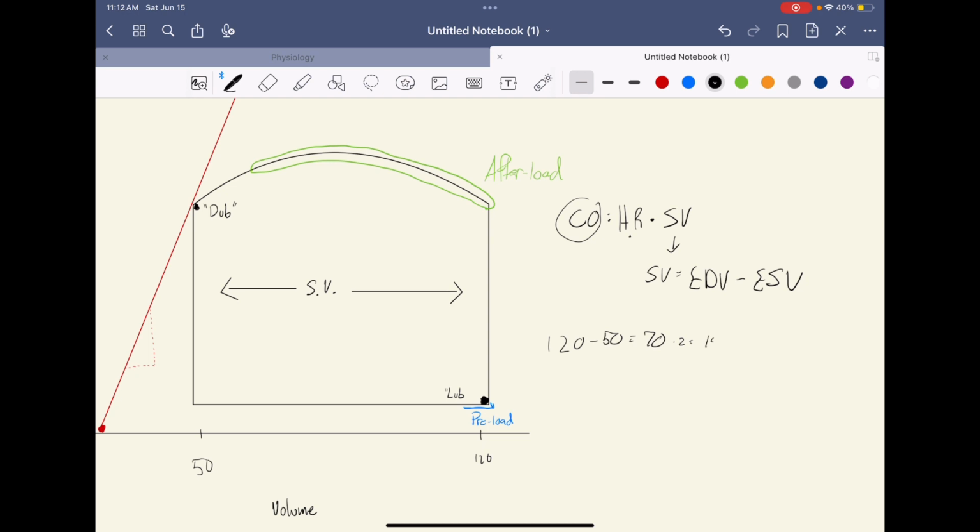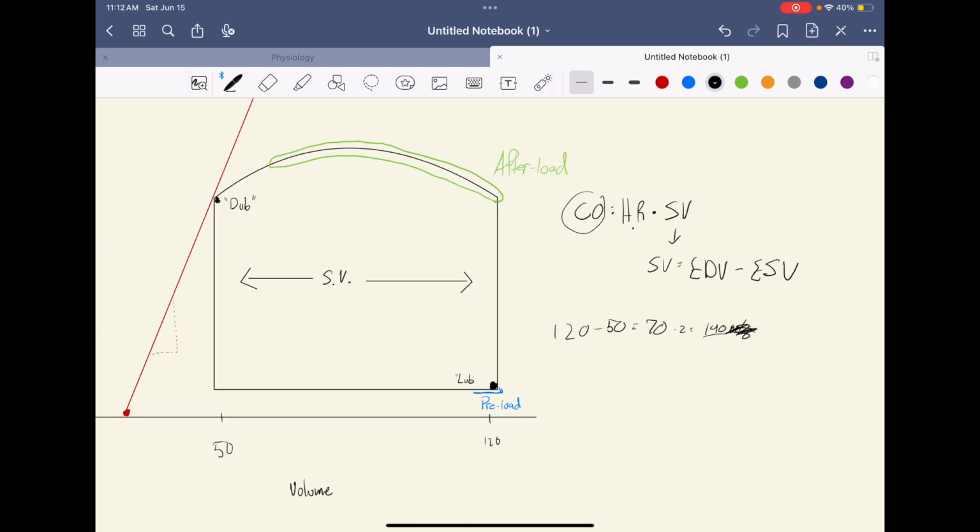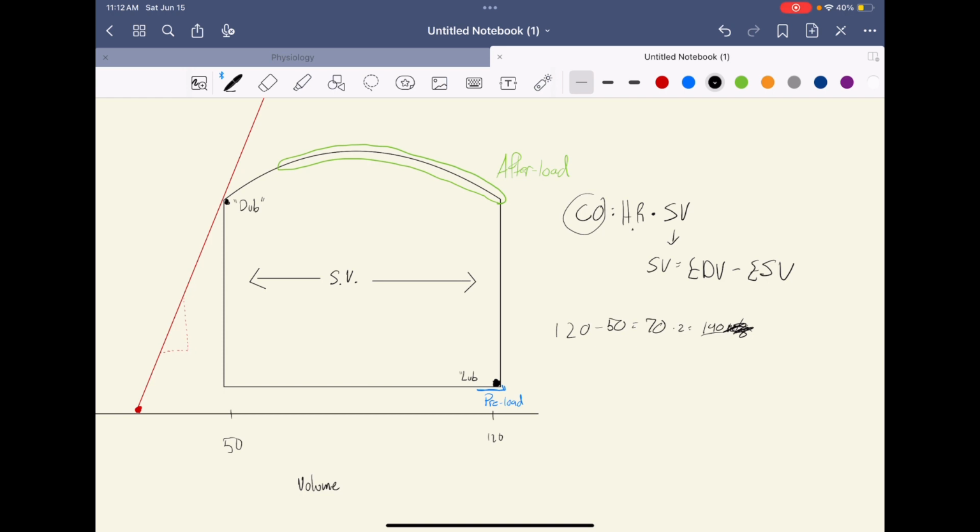And our cardiac output would be 140 liters per minute, I believe the units are. But the units don't matter. It'd be 140. And this is helpful to know as we increase or decrease our stroke volume. We can correctly change the other variables to figure out what is going on in somebody's heart, and that can be very useful.